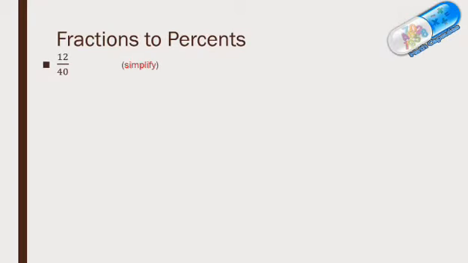Again, another example, we have 12 over 40. We want to write it as a percent. So the first thing is you simplify by dividing 12 and 40 by the greatest common factor, which will be 4 in this case. So 12 divided by 4 is 3 and 40 divided by 4 is 10. And then we want to write it as a fraction with denominator 100.